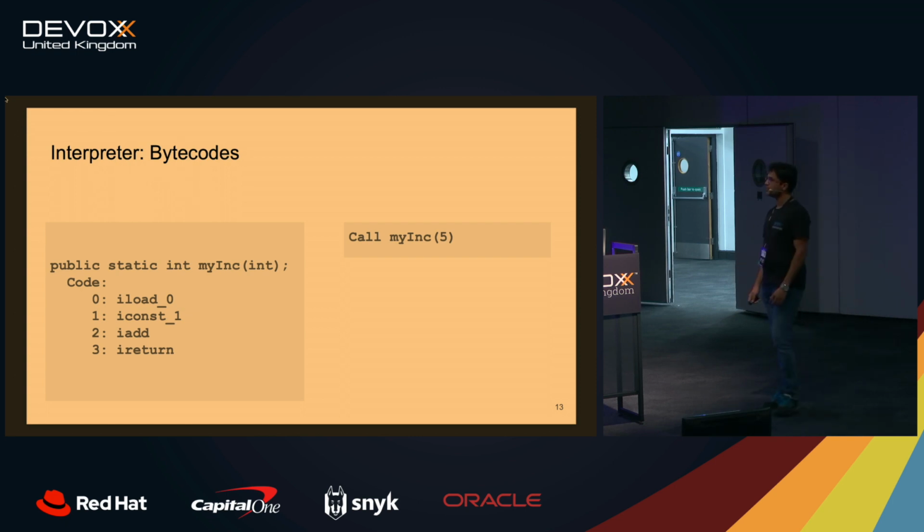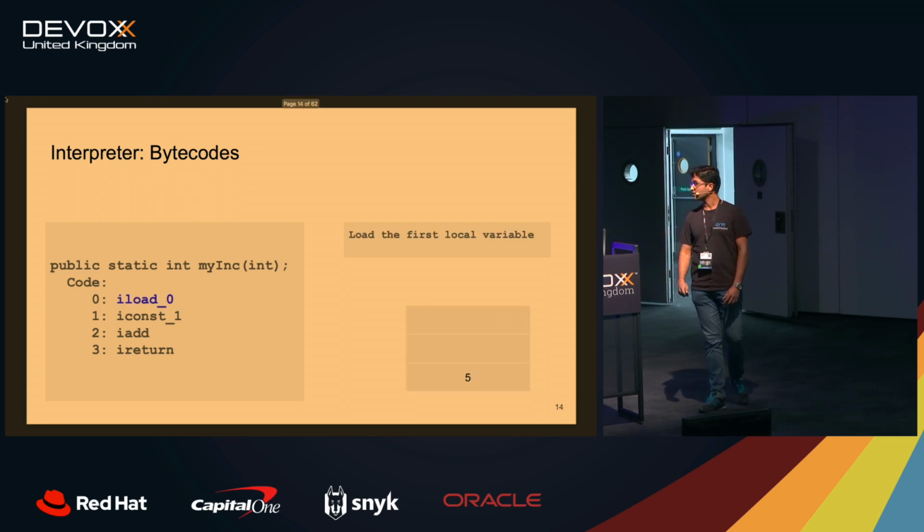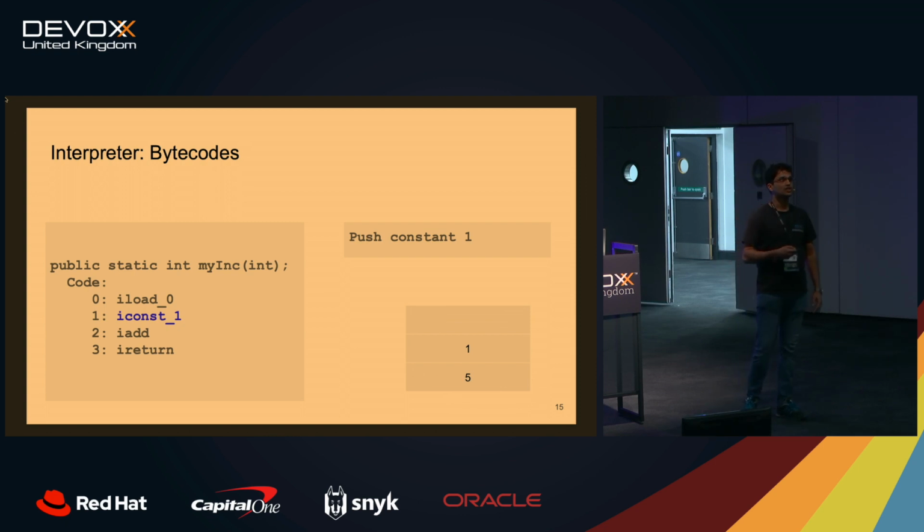First we call this myIncrement method with argument 5. We have our first bytecode, iload_0. When you execute it, it says load the first local variable, or the first argument a that we have passed. It has value 5. Push it on the stack. So this is the stack. Then the next bytecode, iconst_1, says load the constant value 1 on top of the stack.